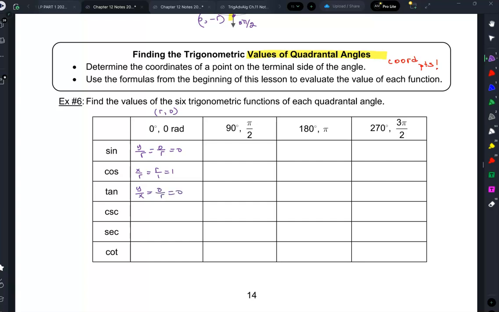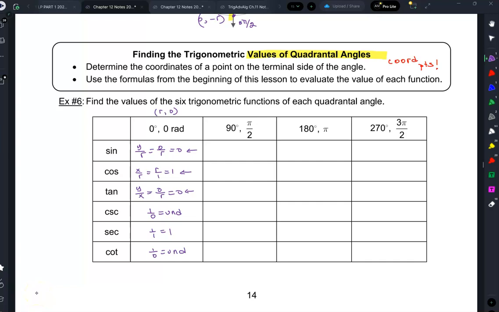Now, cosecant is going to be 1 over 0, undefined. Secant is going to be 1 over 1. Cotangent, 1 over 0, undefined. All right, next.